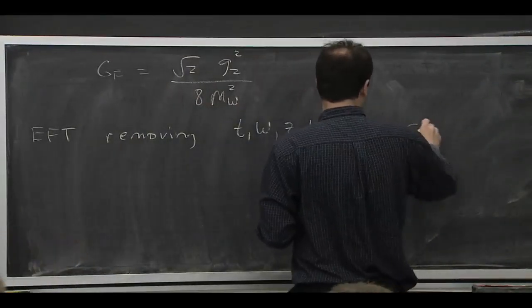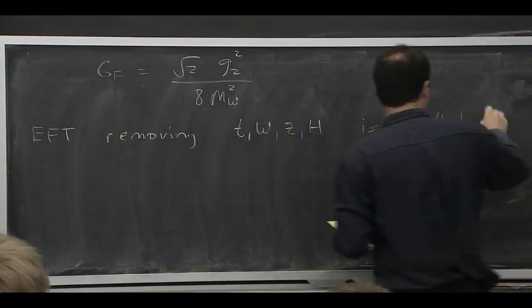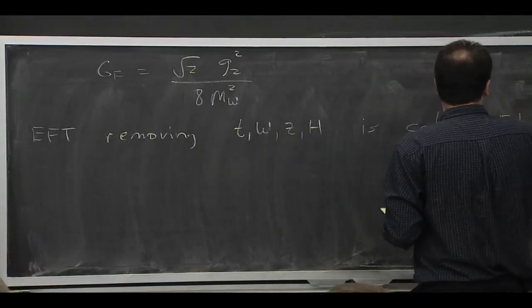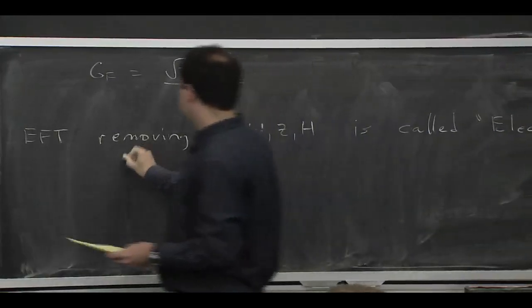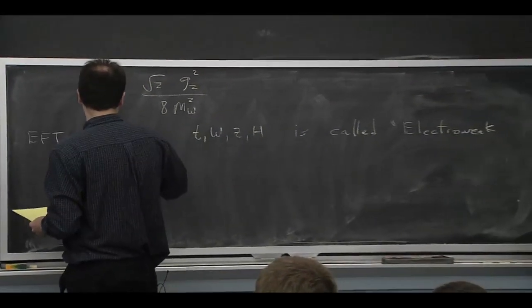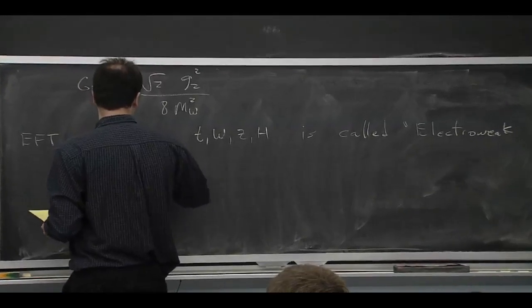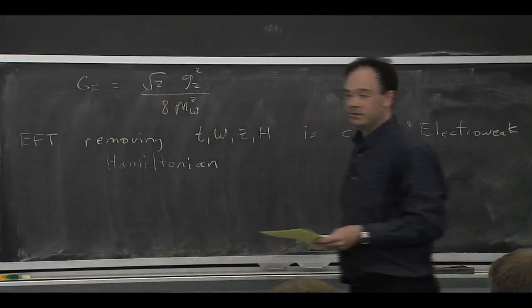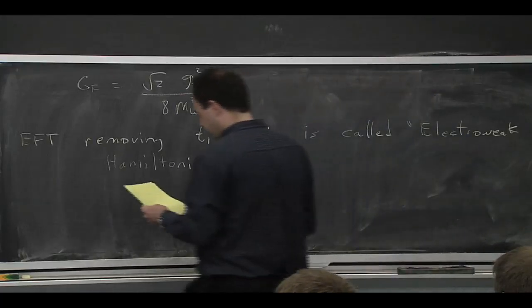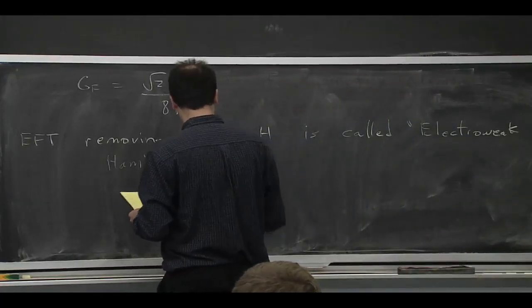So this theory is very popular. It's called the electroweak Hamiltonian. It's used all over the place. And it involves more than just doing what I did because I chose a particular set of flavors for a particular channel, and you have to do it for all sorts of other channels as well.